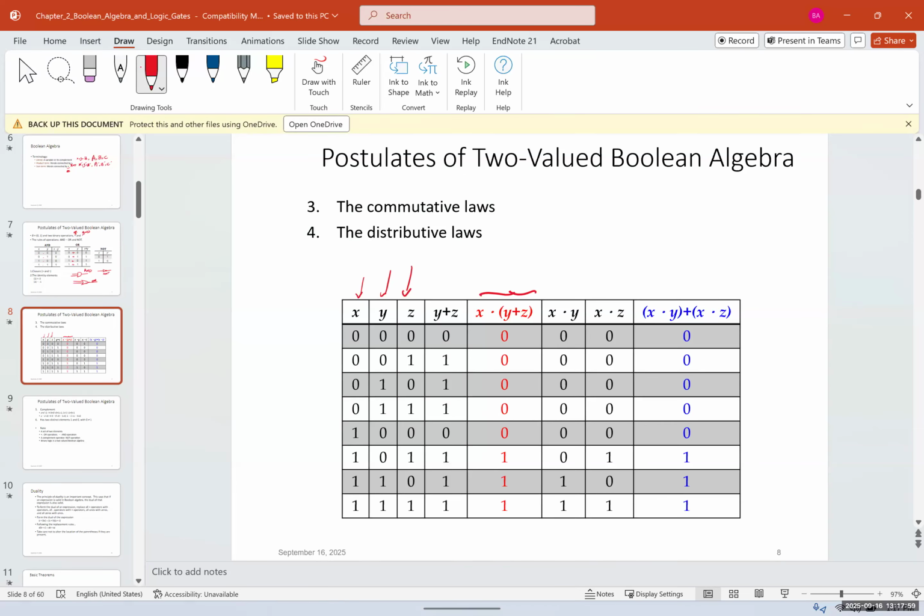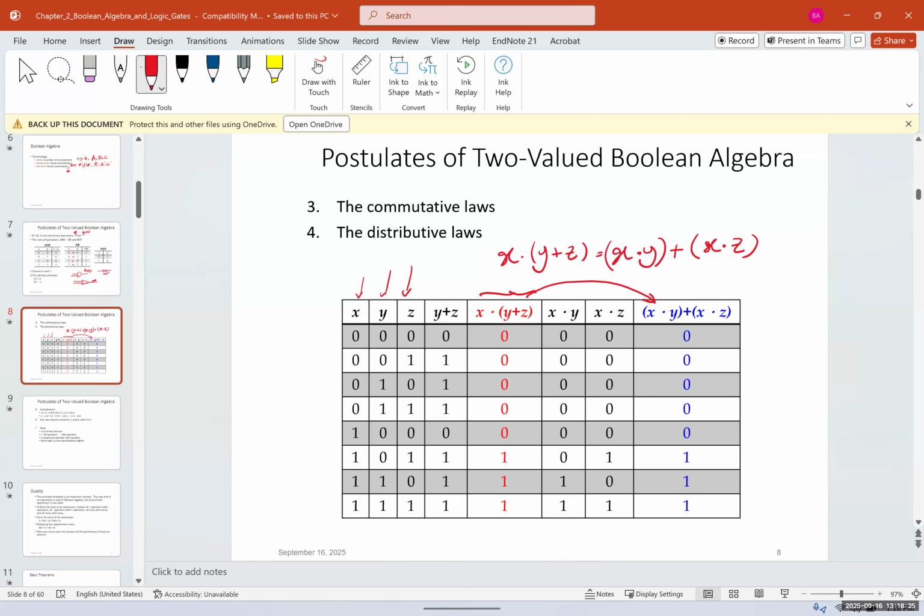Then according to the distributive law, x and with y or with z is equal to x and with y or with x and with z. So this translates to this.